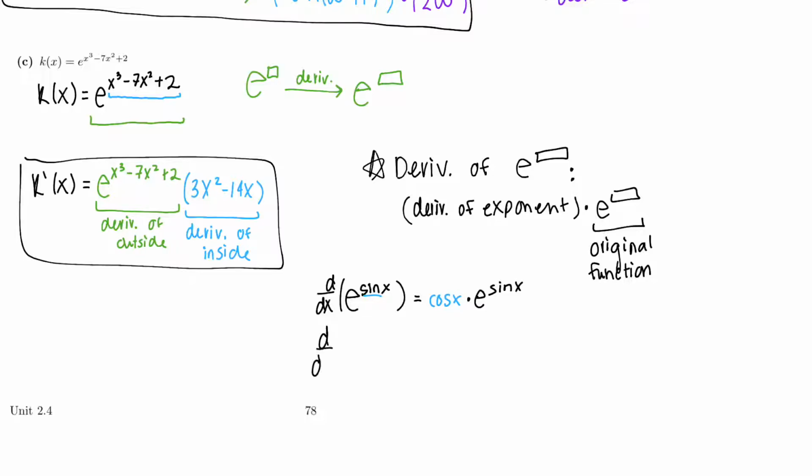If I had the derivative of e raised to the 5x cubed, the derivative of the exponent would be 15x squared, times e raised to the 5x cubed. So this thing just stays exactly the same.